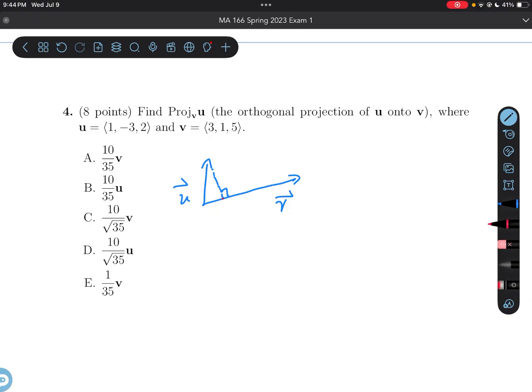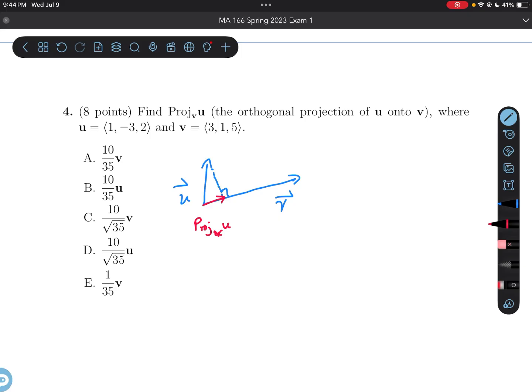The new vector that I get by drawing a vector from the origin to this point where the perpendicular line meets v is the orthogonal projection of u onto v. If you understand this, we can use geometry to figure out the value of this projection vector.